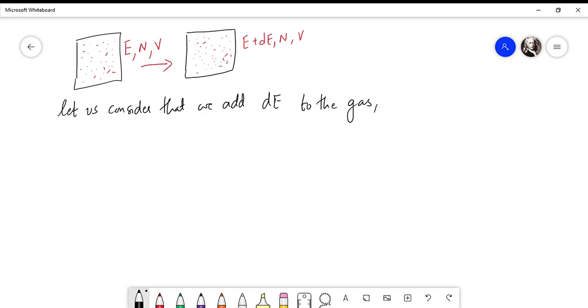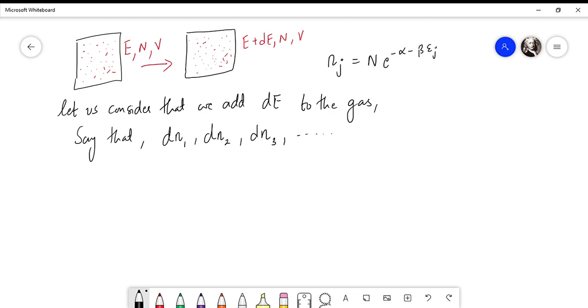So we will say that the change that has occurred in cell 1 is dN1, and the change that has occurred in cell 2, or energy level 2, will be dN2, and so on. Remember that Nj was simply N times e to the minus alpha minus beta Ej, right?